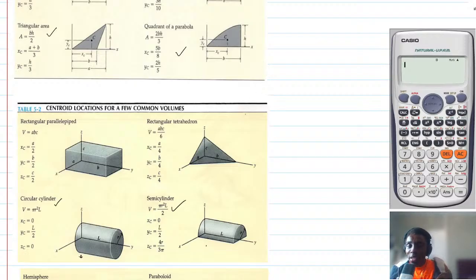So, these are formulas for centroids, but we have centroid of volume. You should hear me now. Is it clear now?